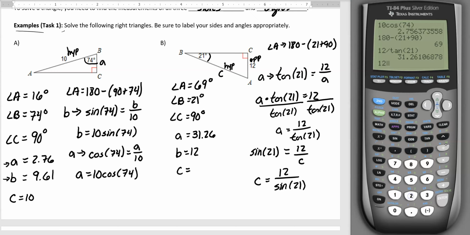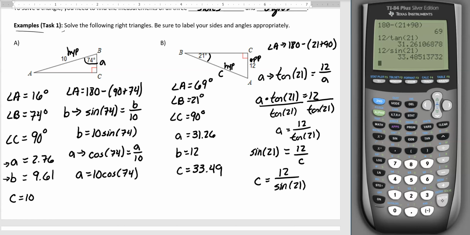Now think, this is our hypotenuse, so it should be our biggest side yet. Let's see if that's true. 33.49. Yes, indeed. Awesome. And that's how you can solve a right triangle with trig.